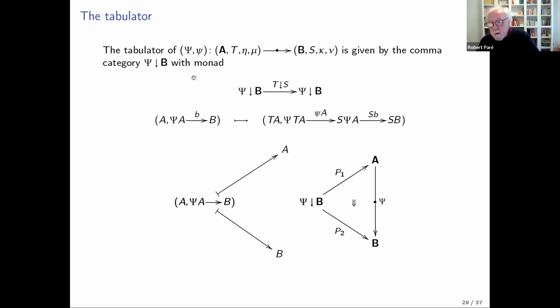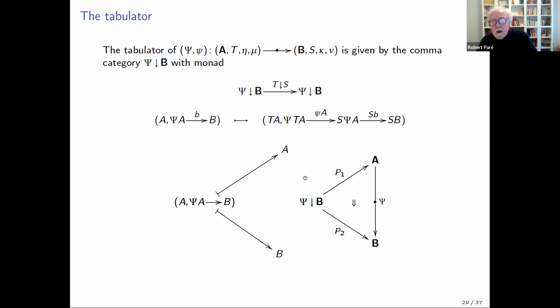And then it's equipped with a monad. So the monad simply applies the T to A and the S to B. You apply S to little b, but it's not going in the right direction. But now you use this colaxity for psi to put it in there. So all of this works.